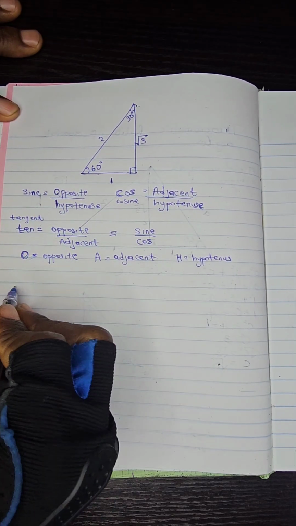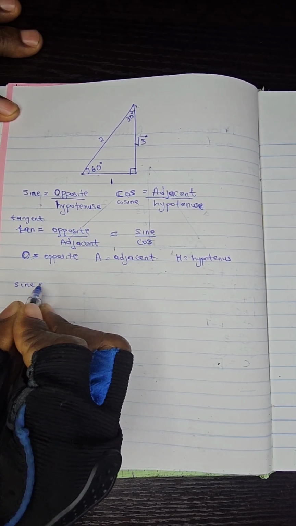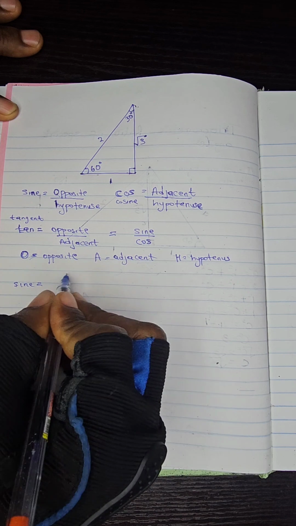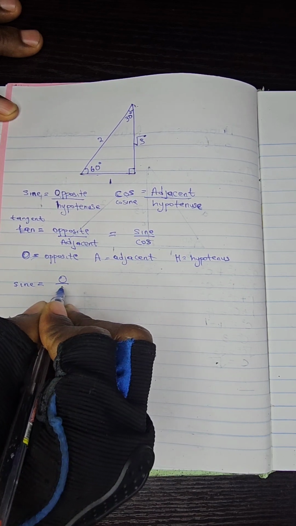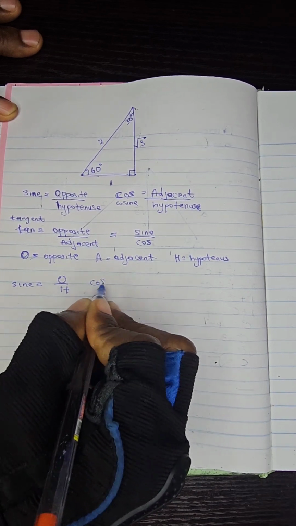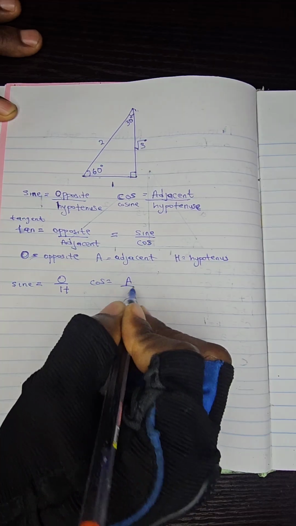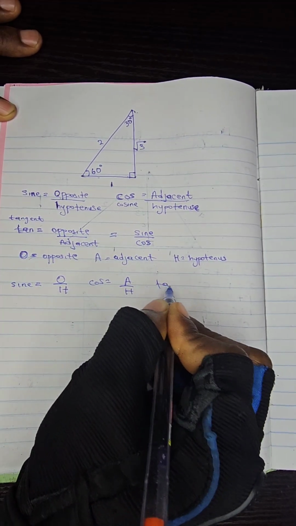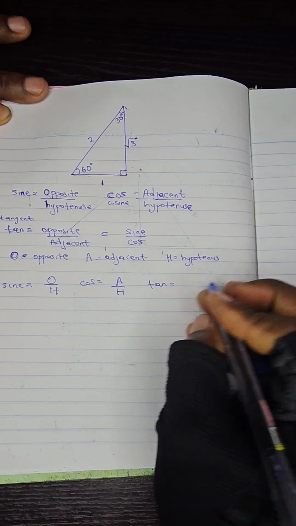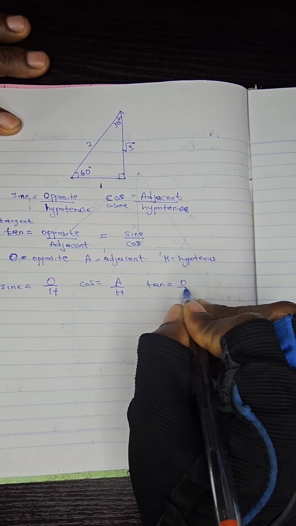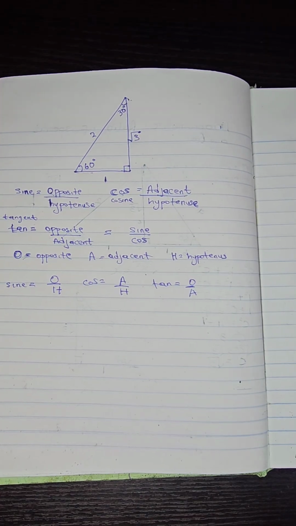Now let's say sine obviously is O over H, and cos is A over H, while tan is O over A, right?